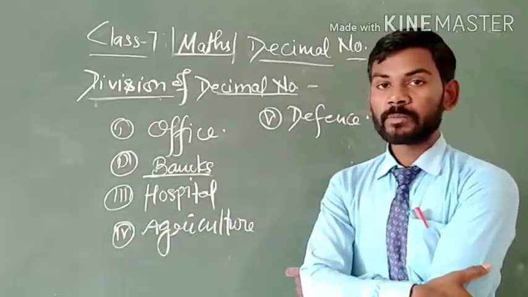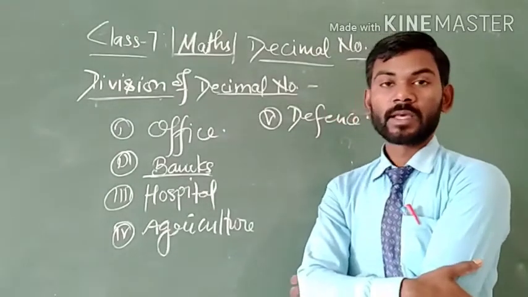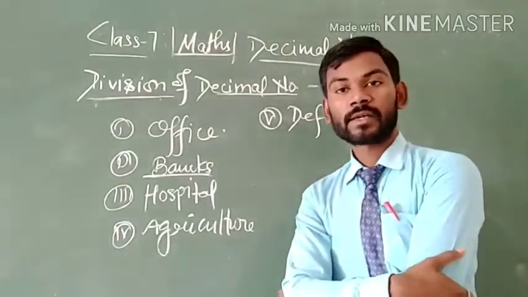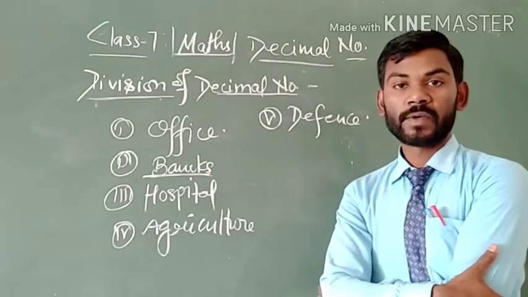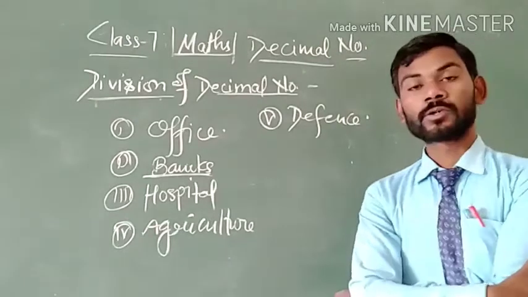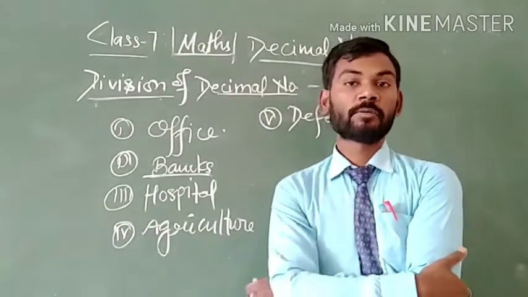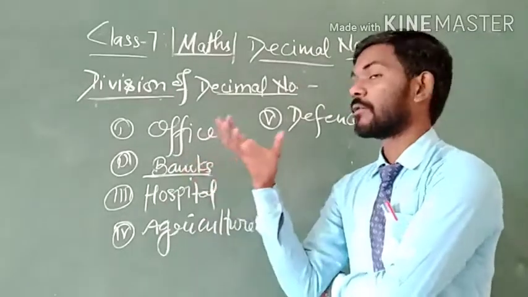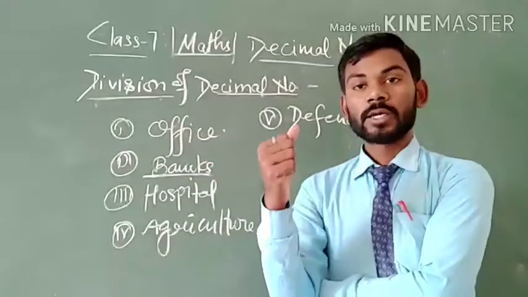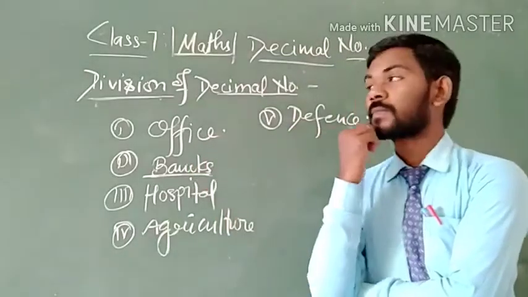Hence, decimal number has a great scope in hospital. Similarly, in agriculture, decimal has great scope, and in defense, there is no word to define the scope of decimal number. So students, these are the very important scopes in which decimals are used.